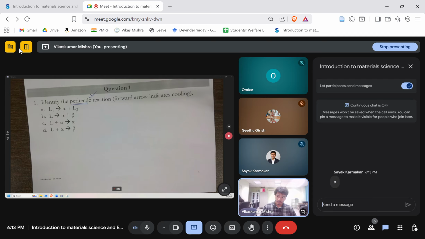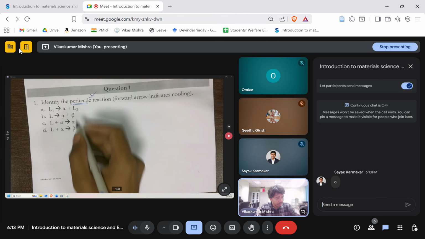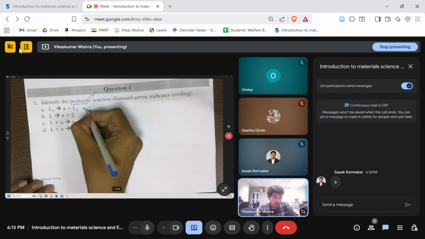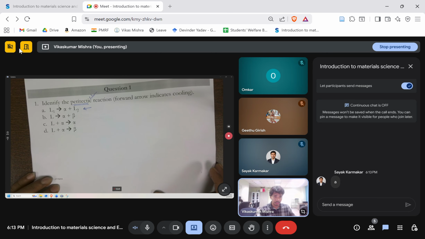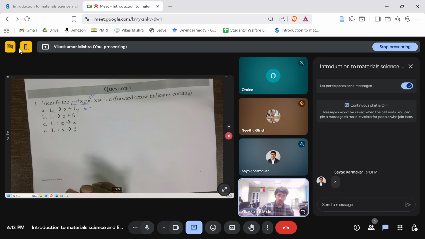This thing we have discussed in the class. Sayak has answered that option A is the right answer. What about the others? So let's discuss all the invariant reactions that we are aware of.